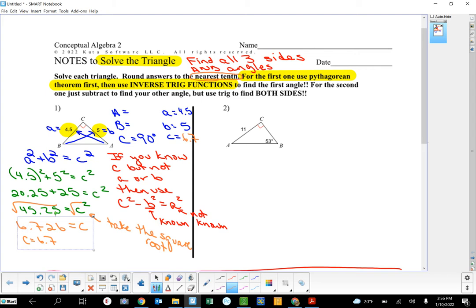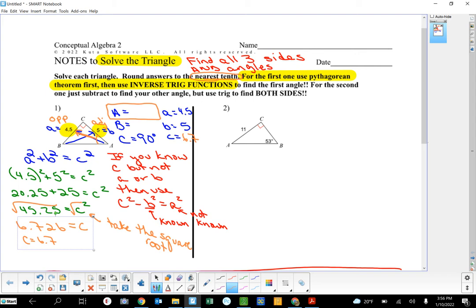Right? All right. And now we know two of the sides. So you just kind of pick an angle, and this is what we did in class the last couple days. If we want to do angle A, let's do this one first. Okay, I want to do angle A. Compared to angle A, 4.5 is the opposite, and 5 is the adjacent.